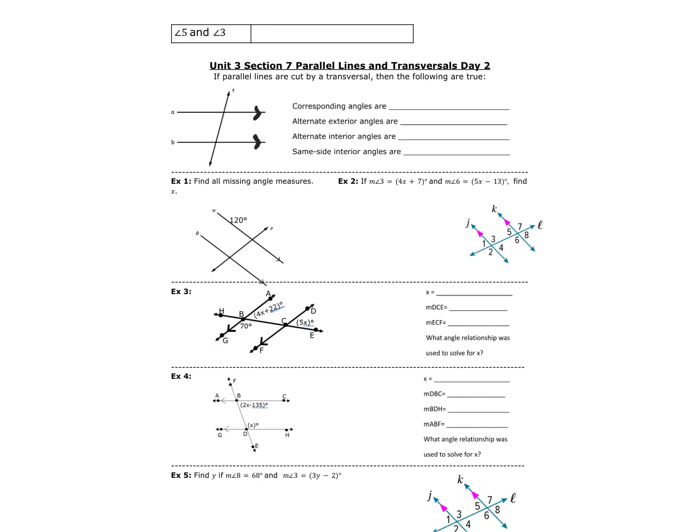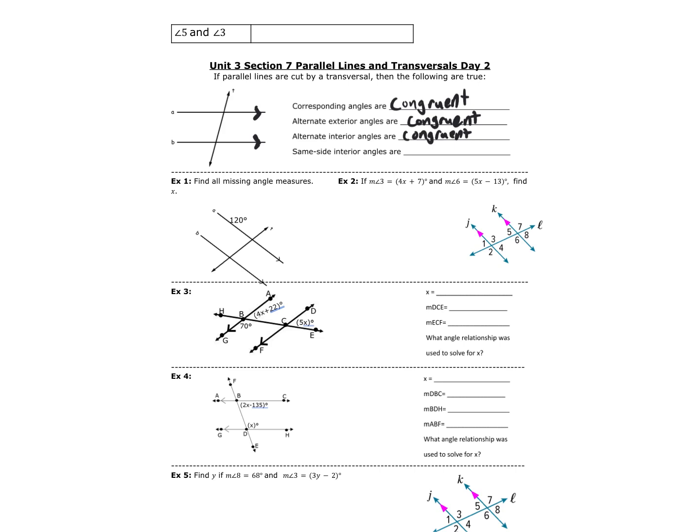All right, so the first is that corresponding angles are congruent. So all the corresponding angles are the same angle measure. The next, you have alternate exterior angles are congruent. And then you have alternate interior angles are congruent.